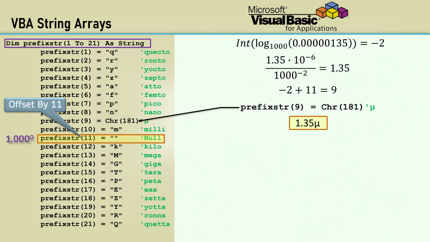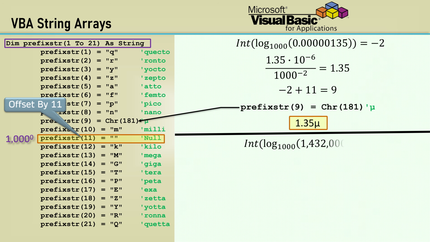Let's do another example. Take the log base 1000 of 1,442,000 and return its integer value. We get 2. 1.432 times 10 to the 6th divided by 1000 to the power of 2 is 1.434.